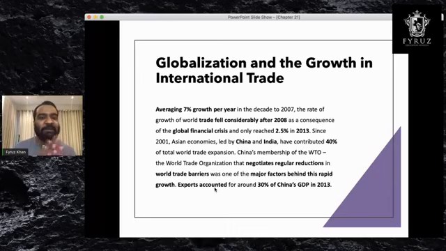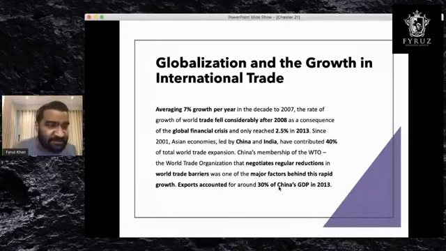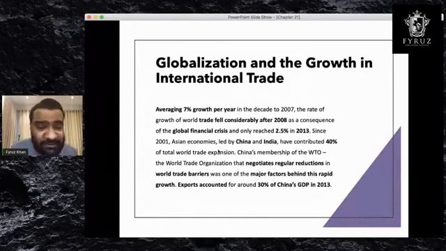The market has been led by China and India after the recession, and this is the current scenario. China's exports accounted for around 30%. So if you take China's GDP, gross domestic product, their exports accounted to 30% of it.